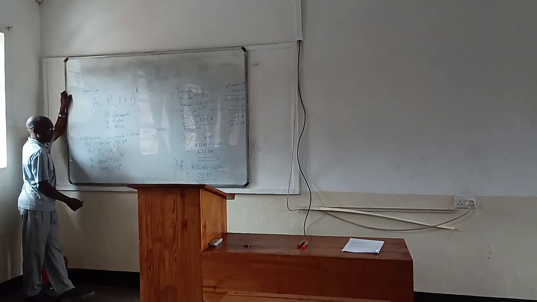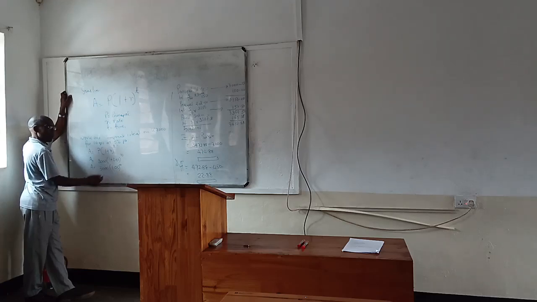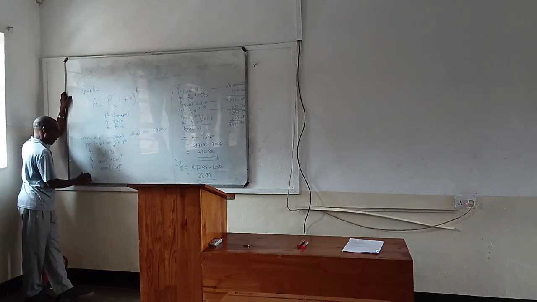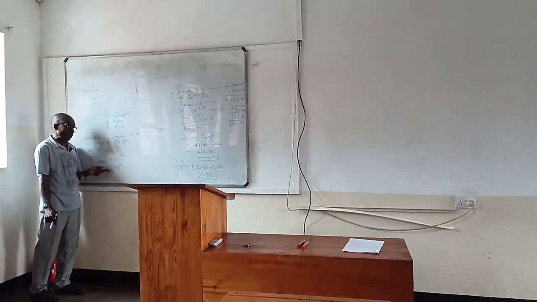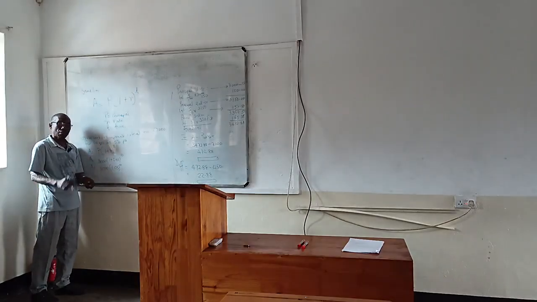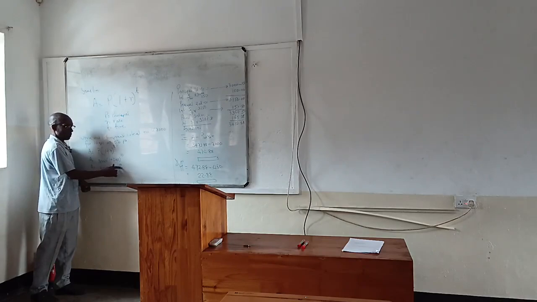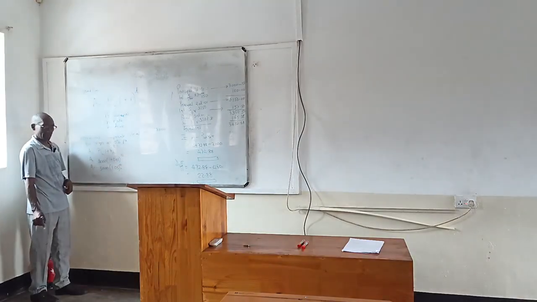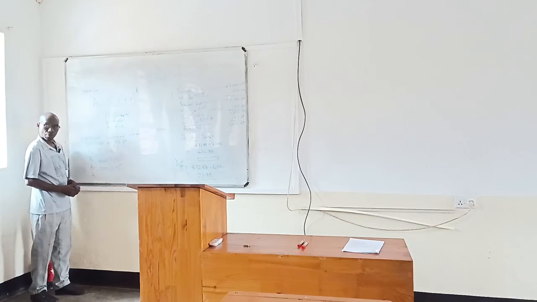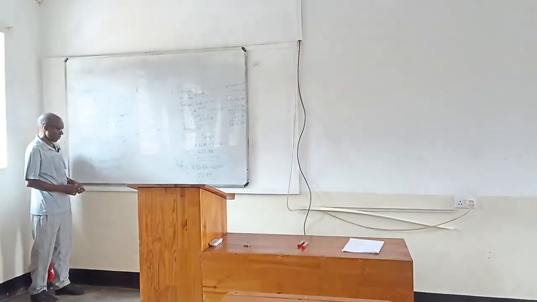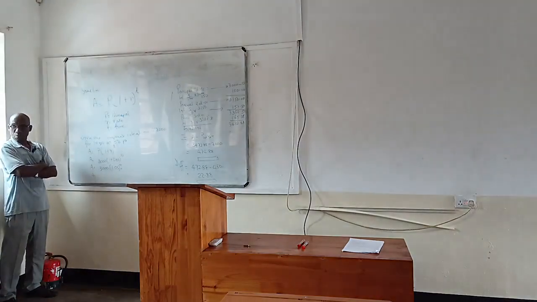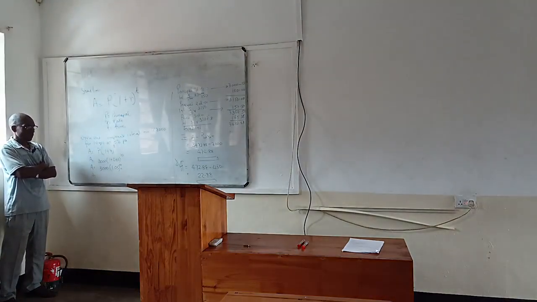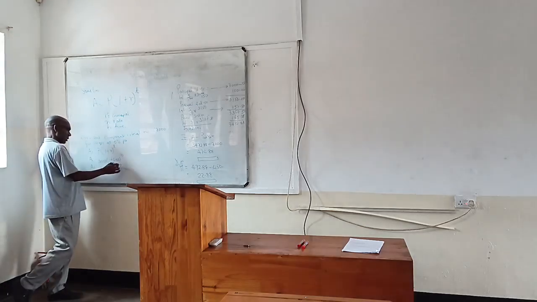Amount is equal to 3,000, open bracket 1.05, close bracket, then the power is something which is like this.